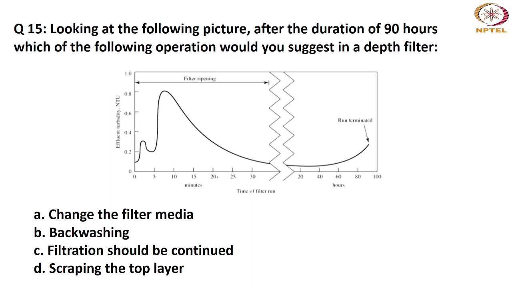So the question is, after the duration of 90 hours, which of the following operations would you suggest in a depth filter? Change the filter media, backwashing, filtration should be continued, or scraping the top layer. But you have to be very sure that it's a depth filter.